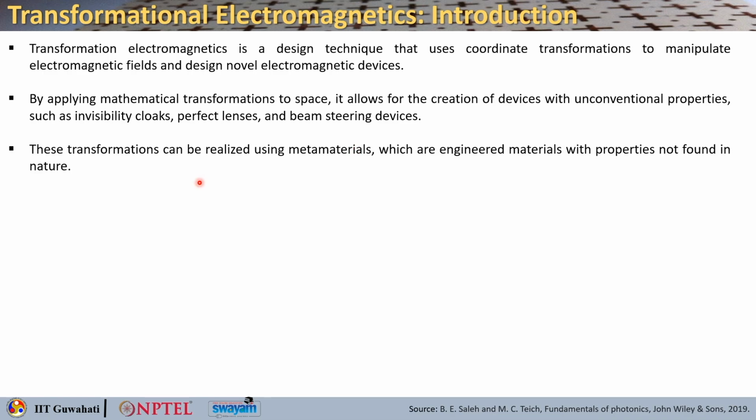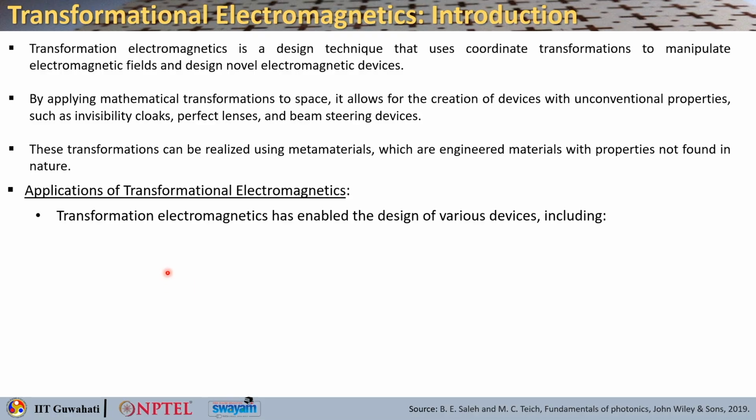So, how do you realize this kind of devices? You can realize this kind of transformations by using metamaterials, which is the theme of this course, where you can engineer the properties of the materials because you do not need to rely on the natural materials and their fixed properties.